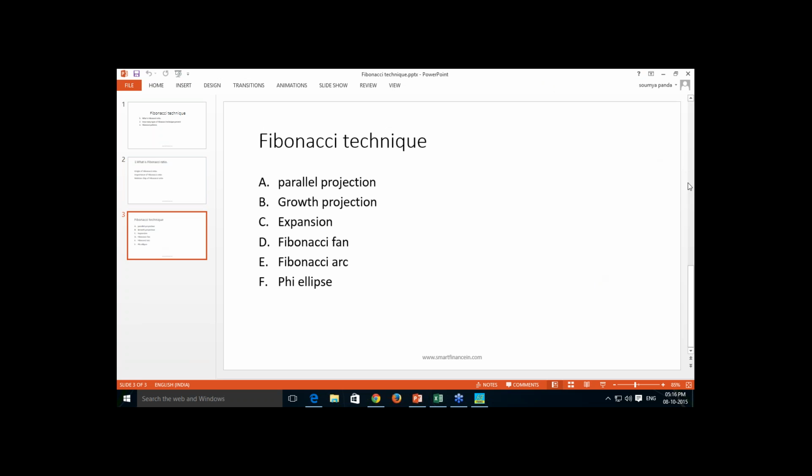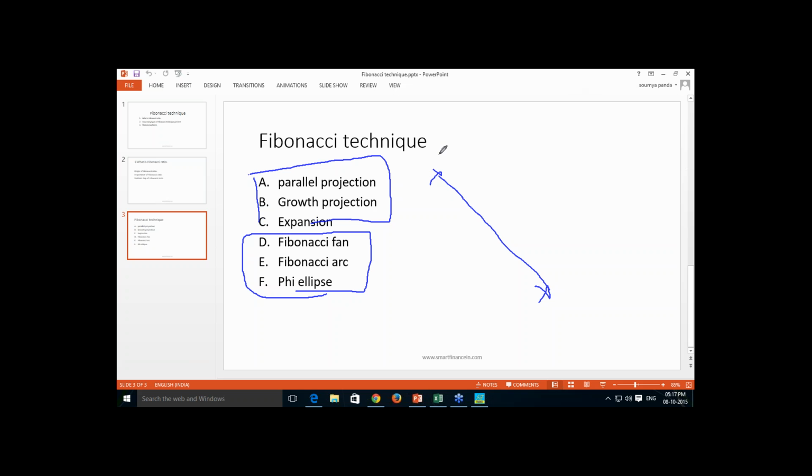These three are the Fibonacci patterns, and these three are the Fibonacci numerical explanations. Whenever we are talking about a Fibonacci fan, on a price time chart, we will be having one high and one low. In detail I will not go into that concept. If you have my book on the Fibonacci method, you can learn that.